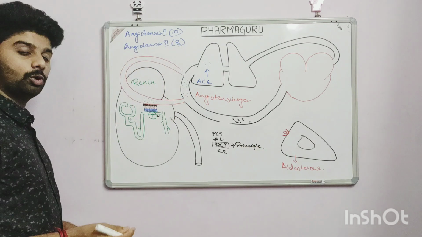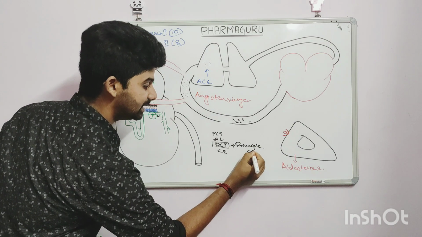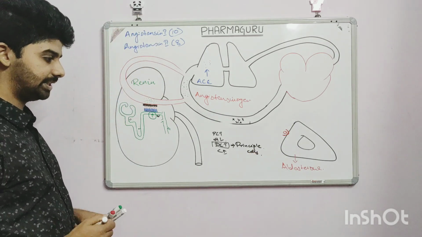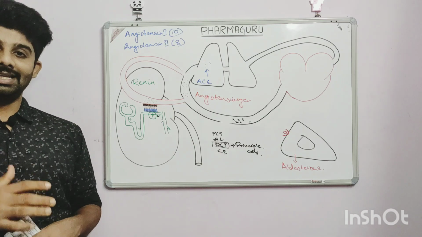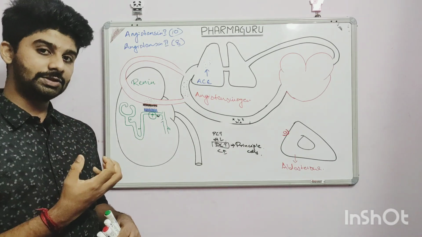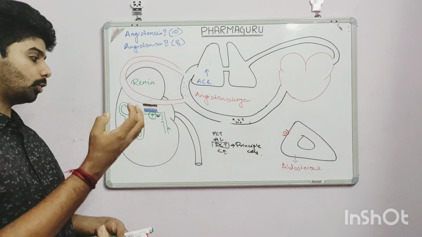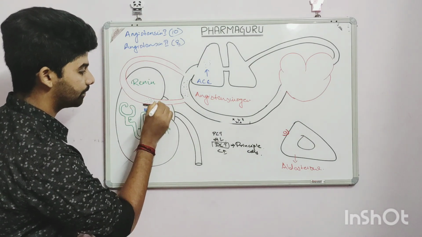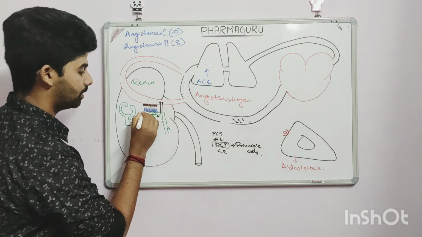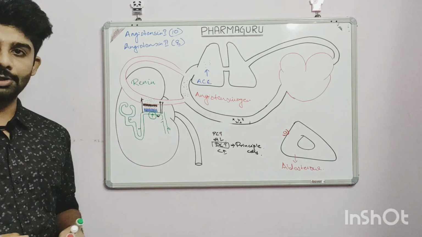When aldosterone binds to the principal cells, it stimulates them to absorb sodium. So more sodium will be absorbed into the circulation.